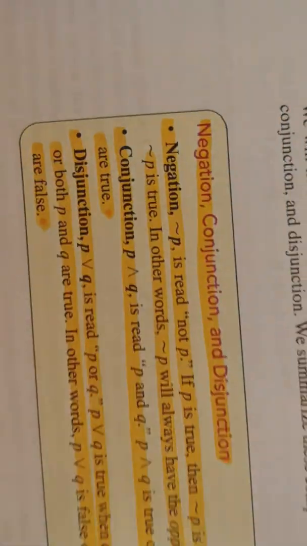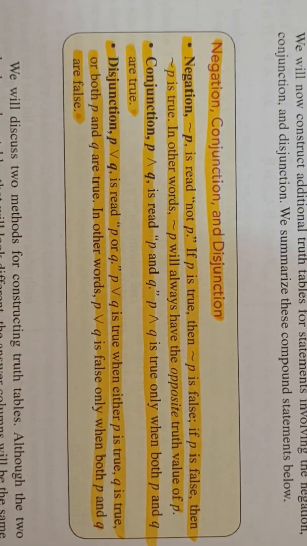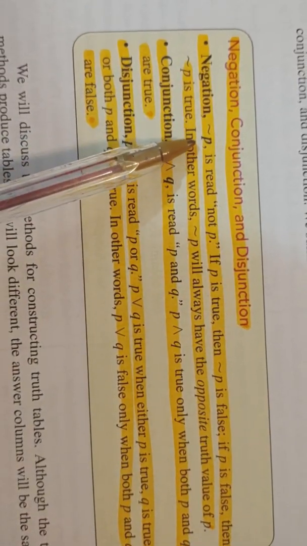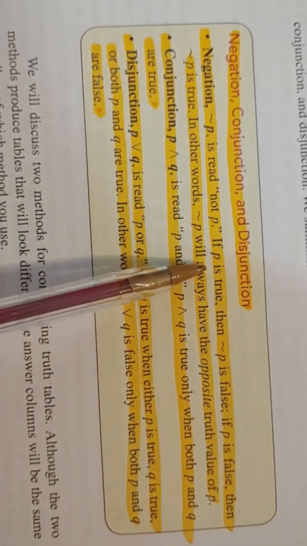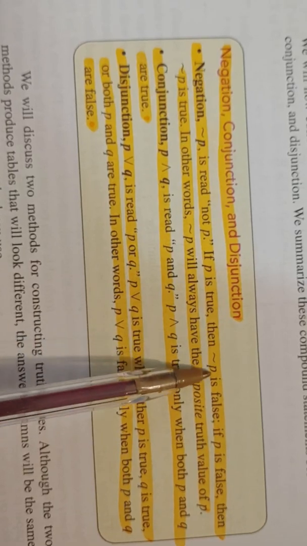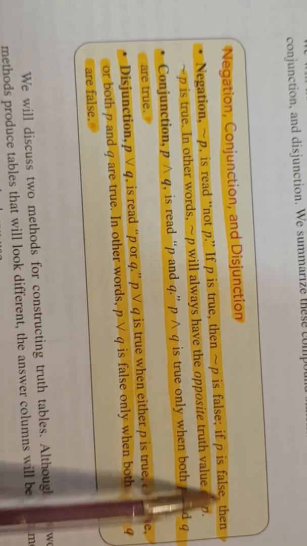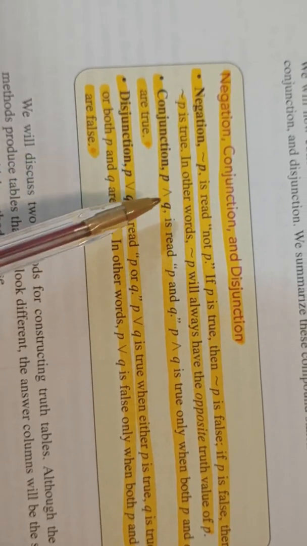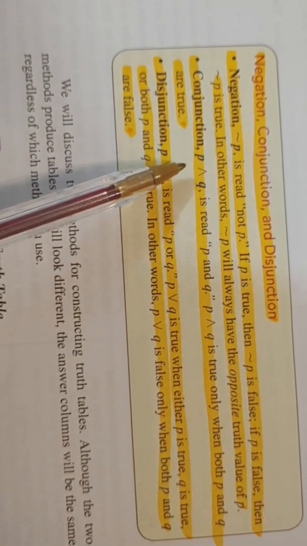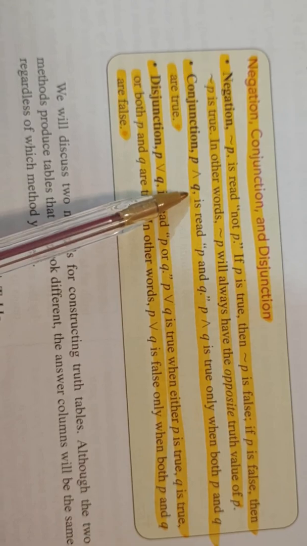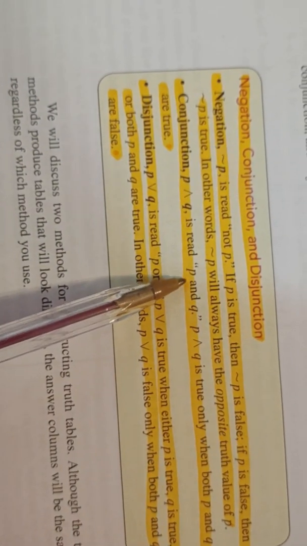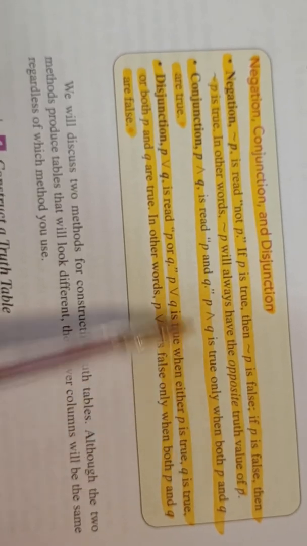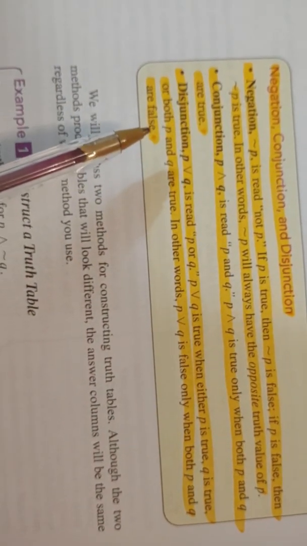So on page 105, it sums all this up. Negation, remember it has the little wiggly line in front, is read "not P". If P is true, then negated P is false. If P is false, then negated P is true. Conjunction is P upside down V Q, read "P and Q", is true only when both are true.